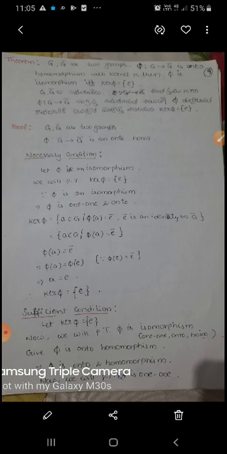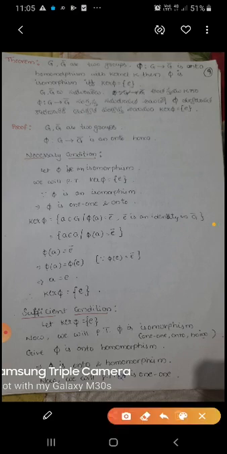Kernel phi equals the set of A belongs to G such that phi of A equals E bar, where E bar is the identity in G bar. So phi of A equals E bar implies phi of A equals phi of E, that implies A equals E. Therefore kernel phi equals E.